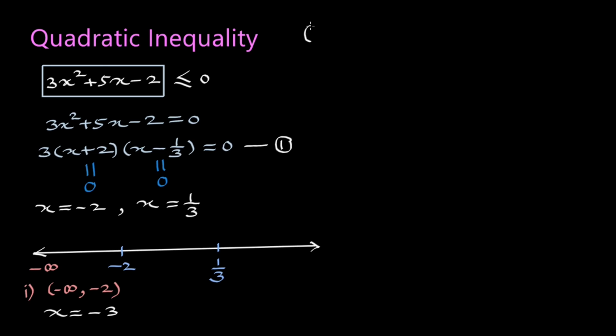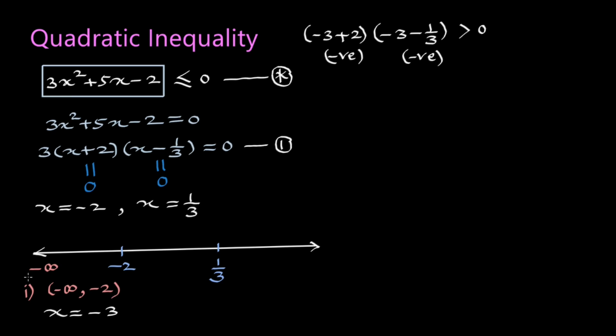That will be minus 3 plus 2 into minus 3 minus 1 upon 3. This is a product of two negative numbers which will be a positive number. But according to inequality star, this first interval does not satisfy the inequality.